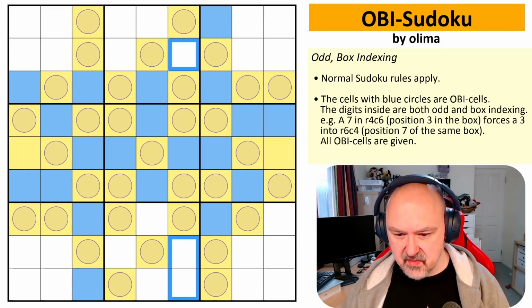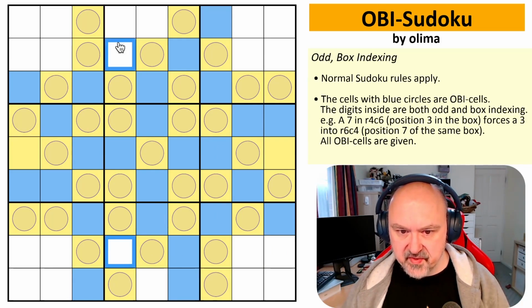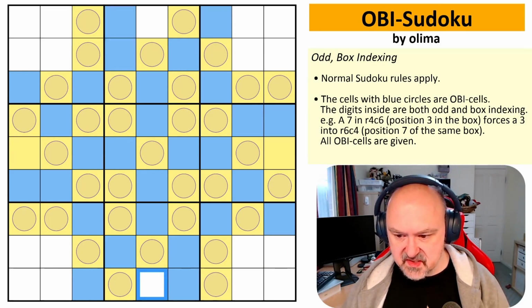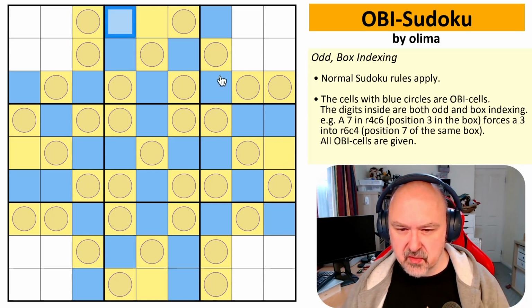These are even. These are even. These are even, so this is odd. That is odd because I had 4 evens in the box.